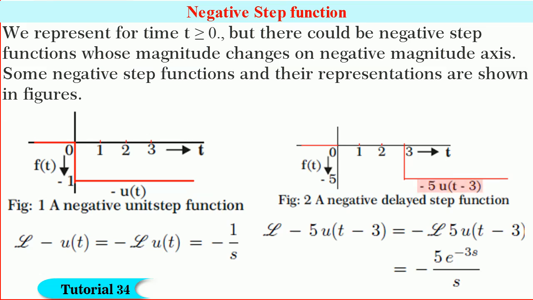So, f of t is equal to minus 5 u of t minus 3, and L of f of t is equal to minus 5 into e to the power of minus 3s divided by s. Friends, I hope you can represent any step function given and find its Laplace transform now.